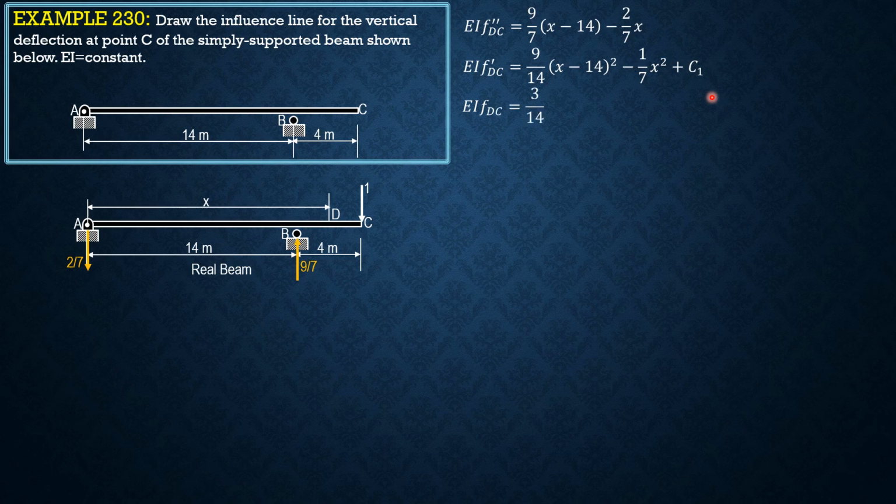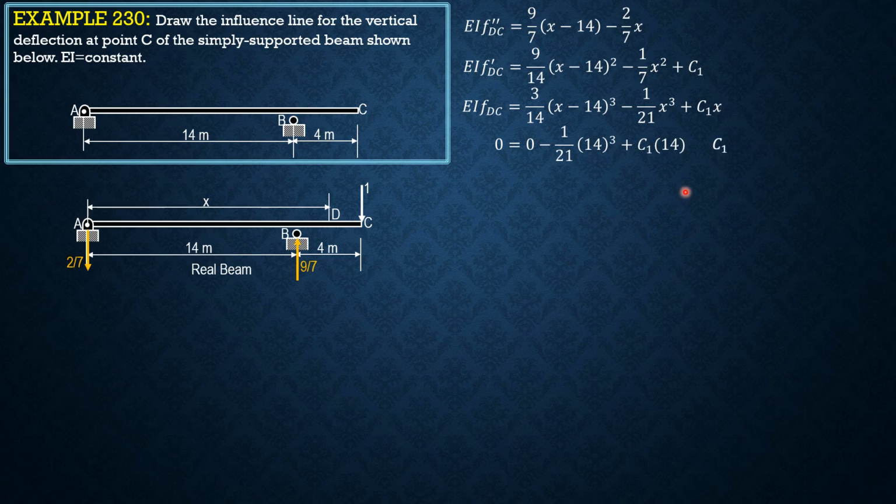EI FDC is equal to 3 over 14 times (x minus 14) cubed minus 1 over 21 x cubed plus C sub 1 x. Computing for C sub 1 by setting x is 14, FDC is 0, or deflection is 0. So 0 is negative 1 over 21 times 14 cubed plus C sub 1 times 14.